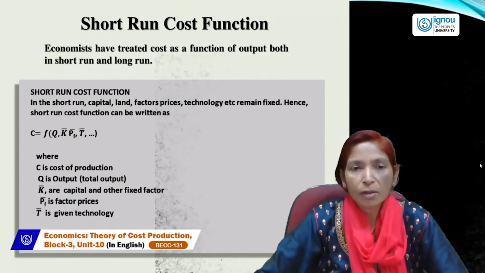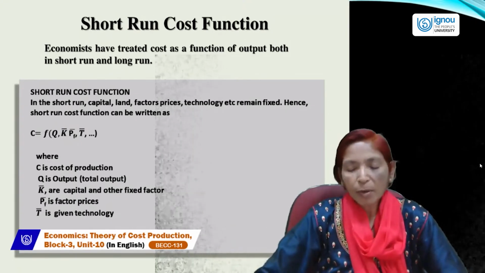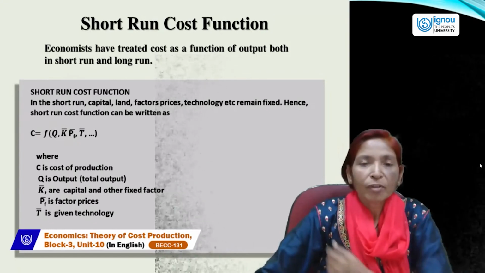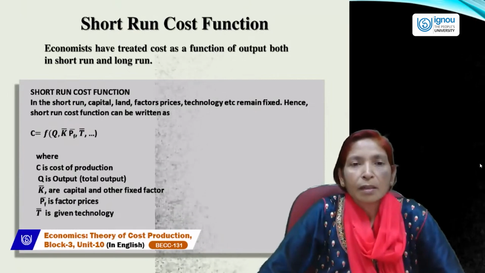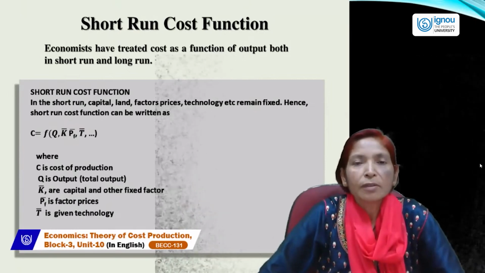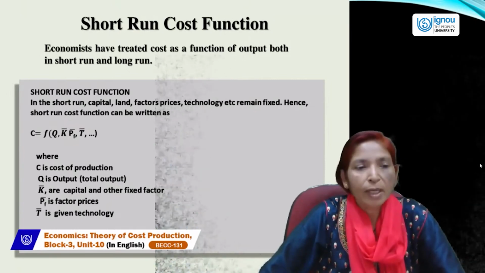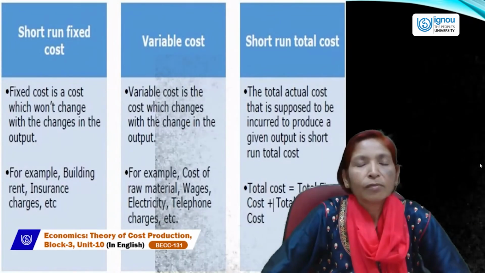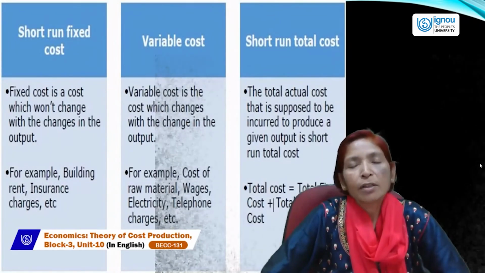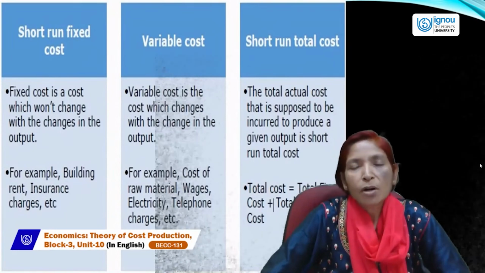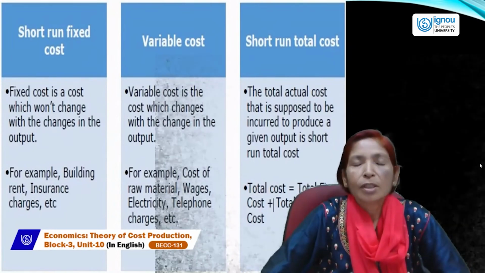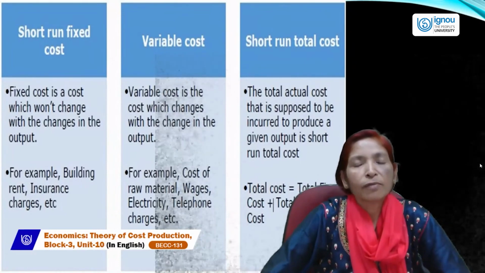That's why in the short run, only variable factor units can change with the existence of fixed factors. Now, next is short run fixed cost, variable cost, and short run total cost. In the short run, there are many types of cost like total cost, total variable cost, total fixed cost.